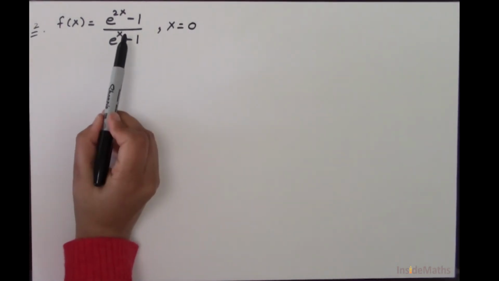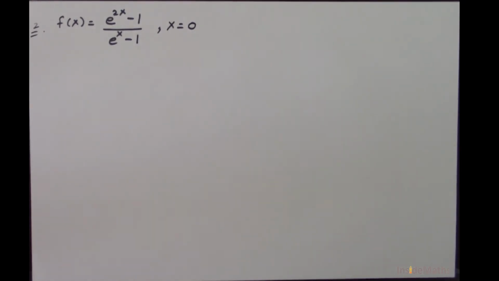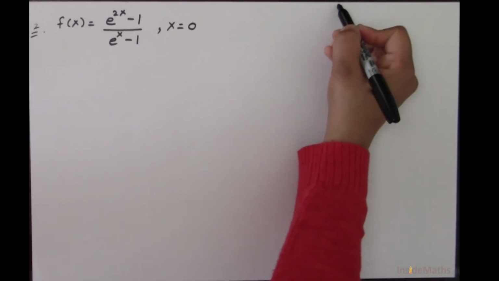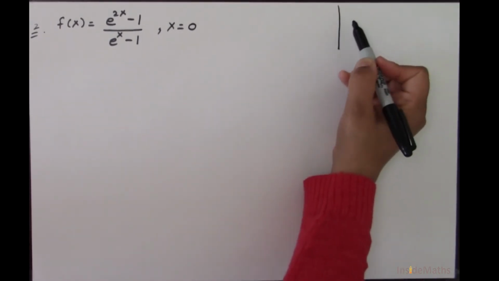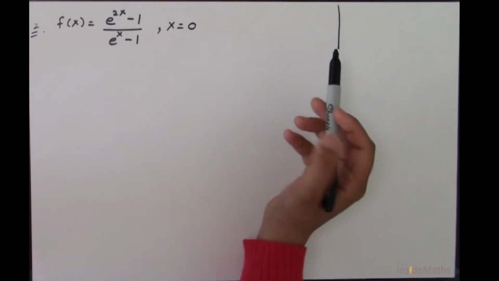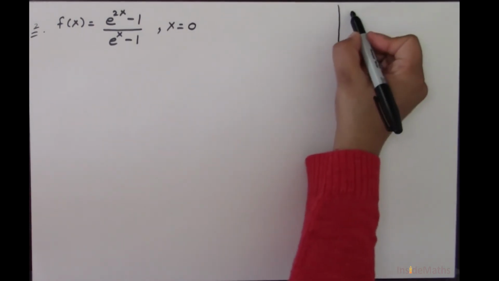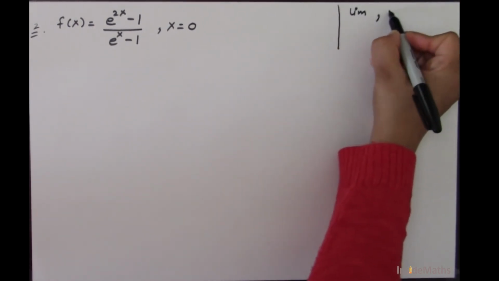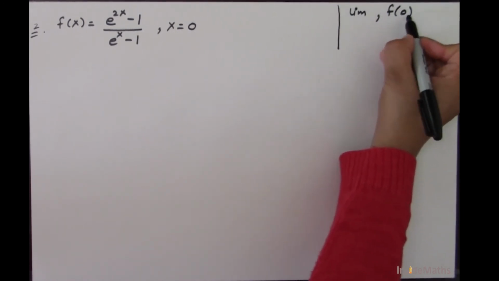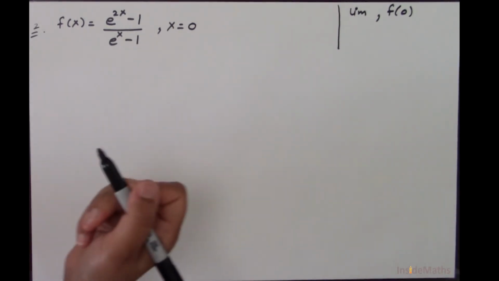Now this is an exponential function. And to check the continuity of this function, we'll use the same two conditions we did in the previous example. That is, we will find the limit of the function, and the second condition is we will find the value of the function itself at the point 0, where we have to check the continuity.